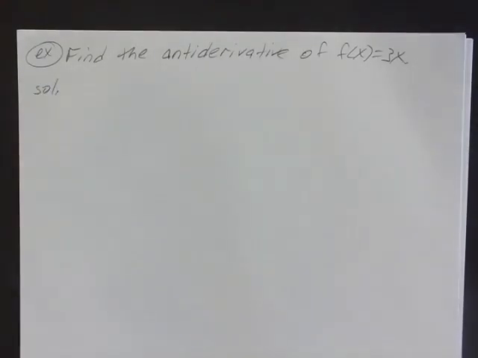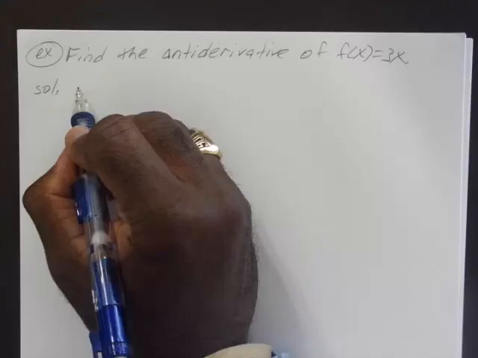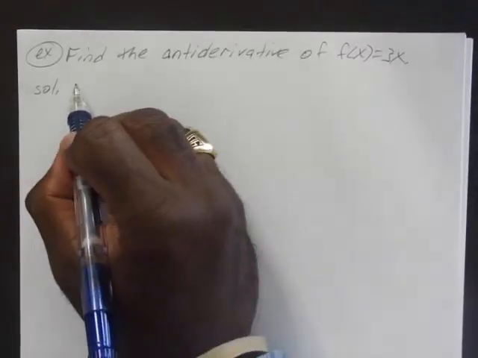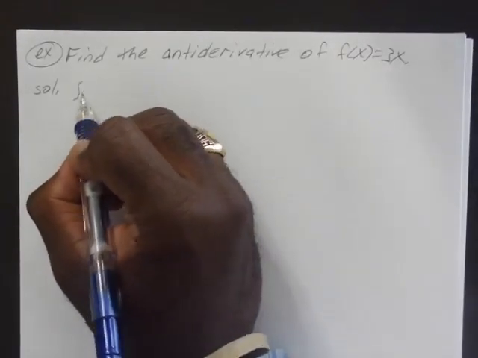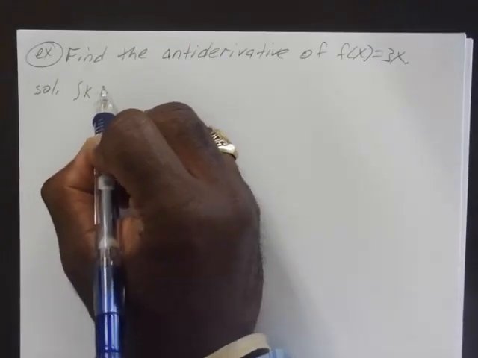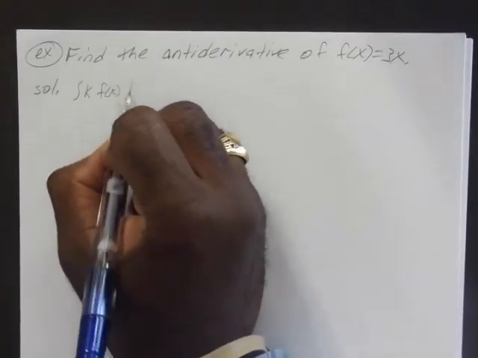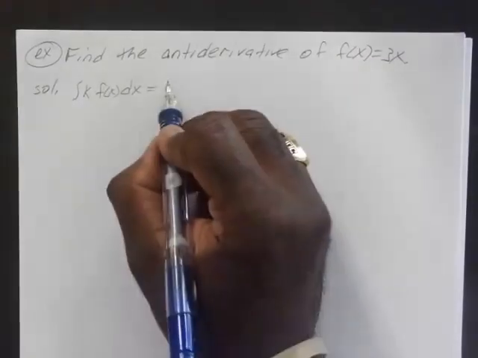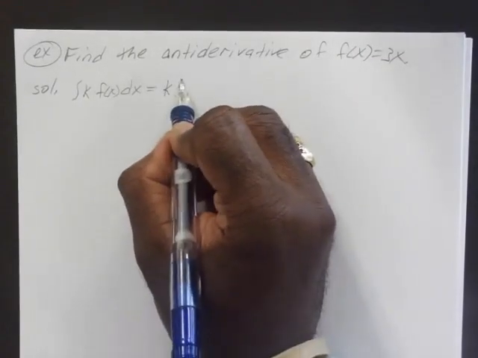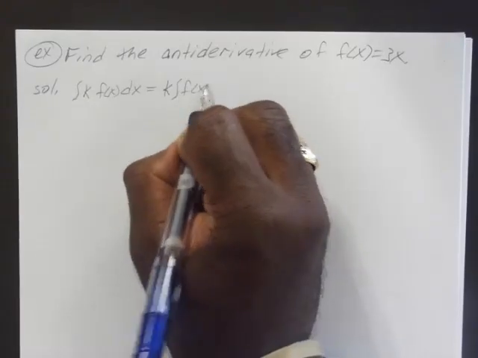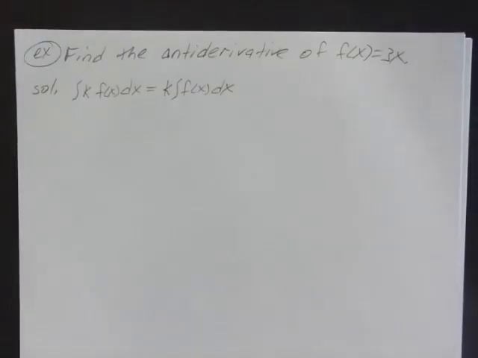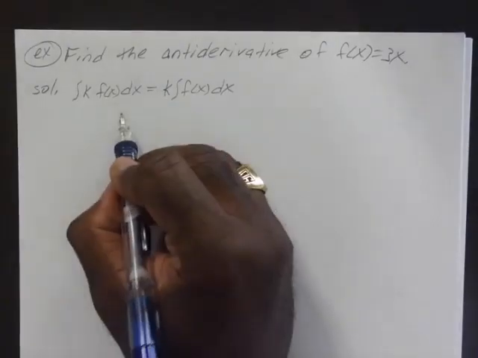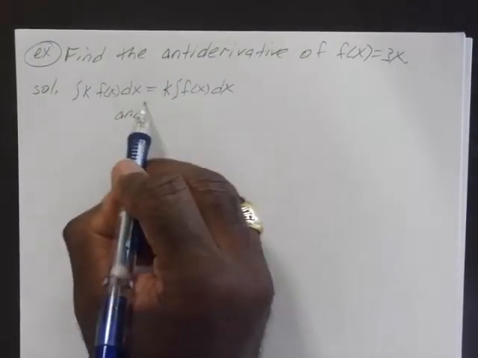Okay, so with this one, you're going to have to remember two antiderivative concepts. The antiderivative of some constant k times f of x with respect to x, you can actually factor out that constant k, the same way you could with the derivatives.